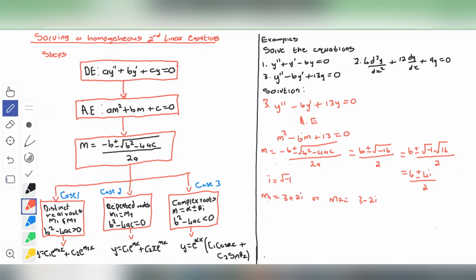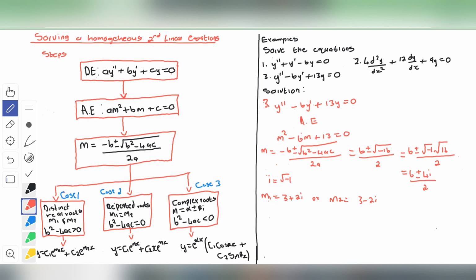Whenever you have a negative root, okay, let me just explain it a little bit. For instance here we have the square root of negative 16, right?